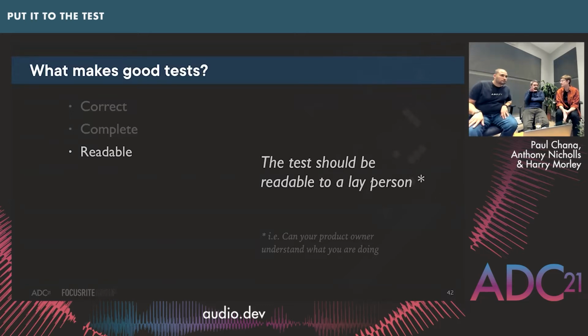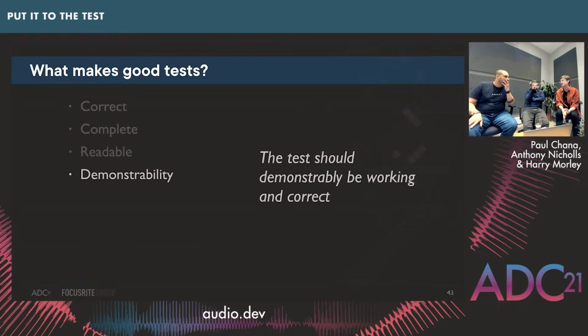Yeah, I think just on that point about correct and complete as well, if you don't know that specification, the temptation is to almost over-test, and you end up testing implementation details. And part of being readable, I think, is that ability to go back to it and understand it again later, not just at the moment you wrote it.